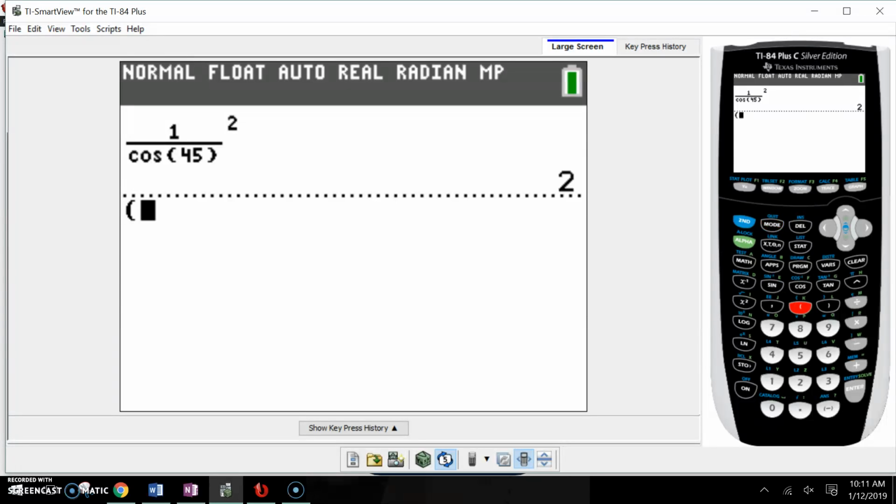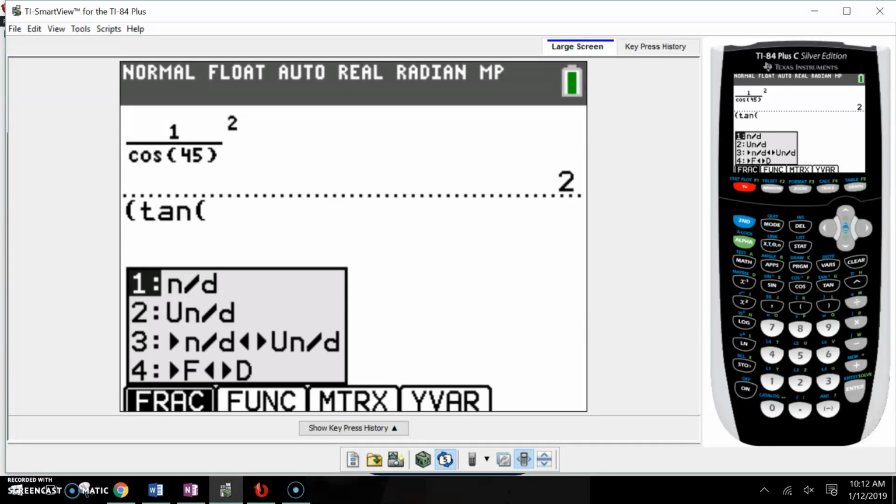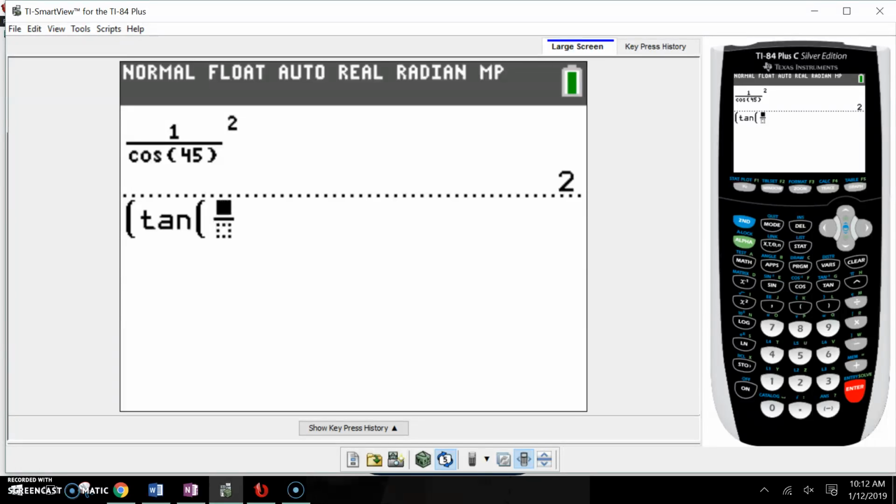I'm going to press tangent, and you can again make a fraction or just use a division symbol, and we're going to choose pi, which is the blue second of the caret, and then a 3 in the denominator, and then we're going to square that, and we should get our 3 again.